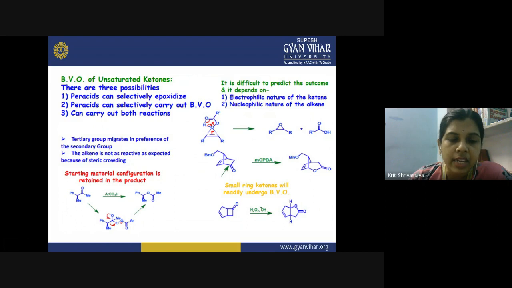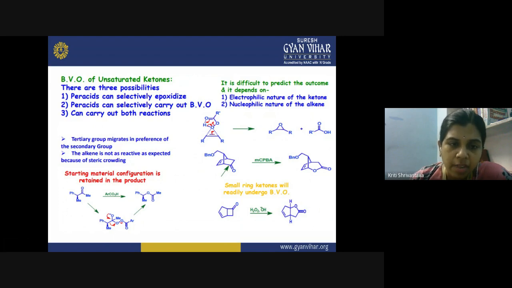If you have an alkene in the alkyl group, it will have nucleophilic nature because of the pi electrons present. And ketones are electrophilic because they have a positively charged carbon seeking electrons. So which will predominate?